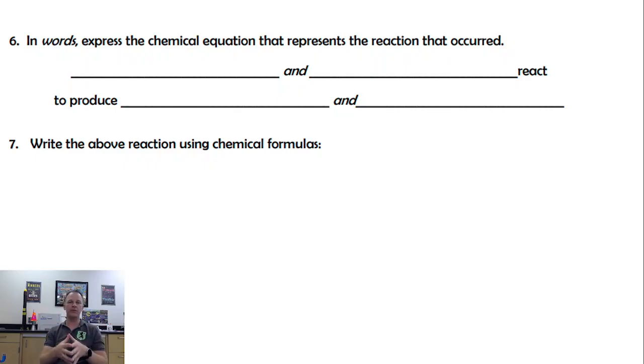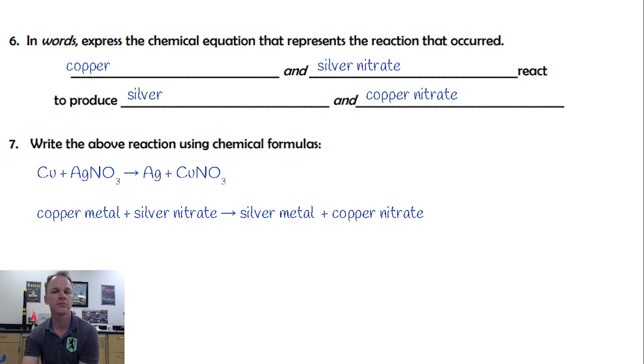And what were the particles that we got out at the end? Silver particles and copper nitrate particles. So the silver and the copper just switched places.